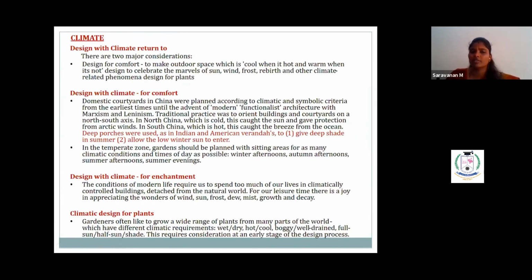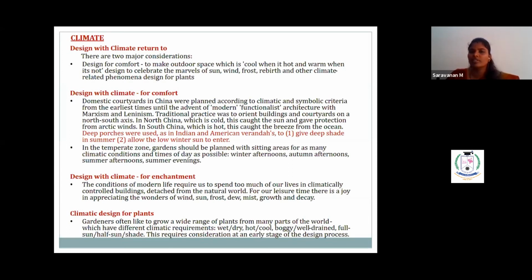Next, we come to climate. In this climate, it is related to comfort with plants and with enchantment. When designing with climate, we have two major considerations.